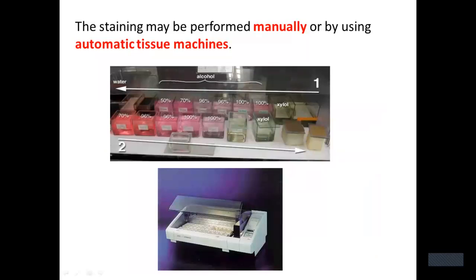The staining may be performed manually or by using an automatic tissue machine. Manually, all the steps of staining begin from step number 1, alcohol, and continue through the steps, or it is done automatically by this machine.